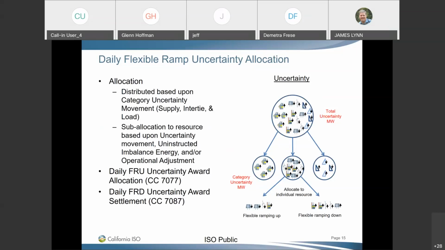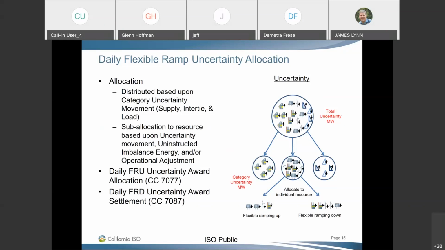Now understand that these categories are only going to allow the cost to be split either into up or down. And therefore, the allocation is going to be appropriate to that. So if based on our uncertainty, I see that the supply and interties are the contributors to the uncertainty up requirement, then only supply and intertie schedules will be allocated those costs.